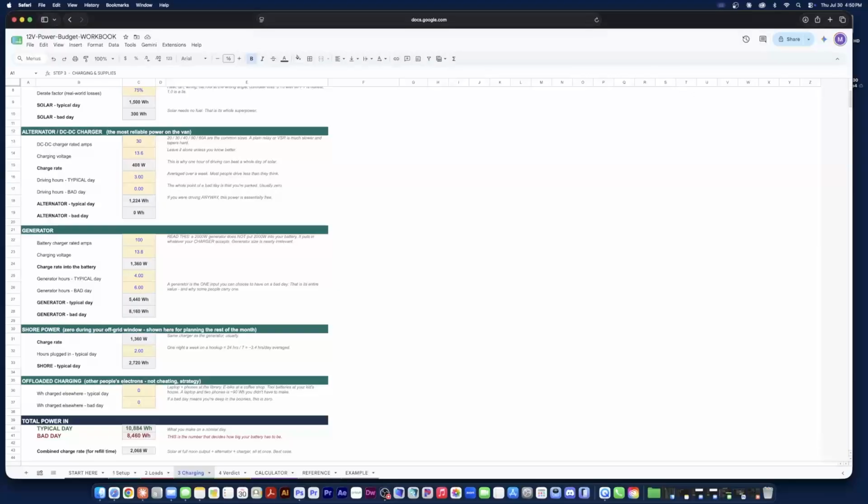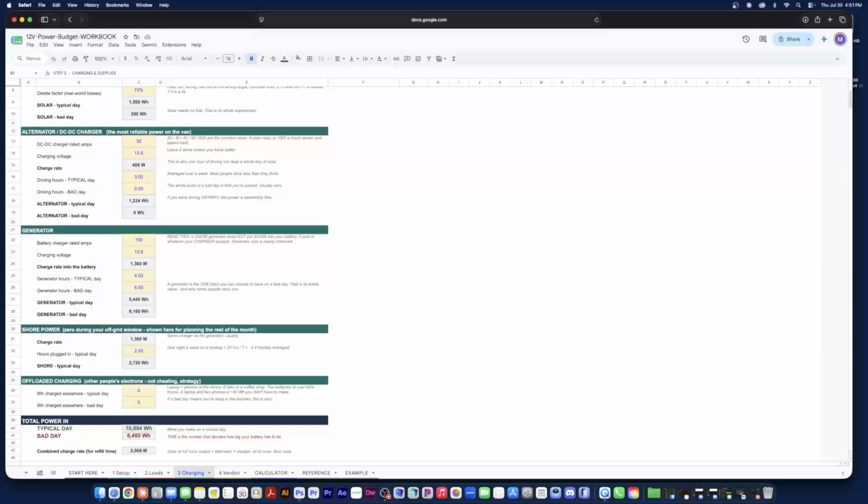If I've got a generator, my battery charger on my generator, which I've got down here, is rated as 100 amps because I want to have a high amperage charger because my battery will be capable. Charging voltage, I would just leave that at 13.6 because it's going to be hard to know exactly what your charger does.